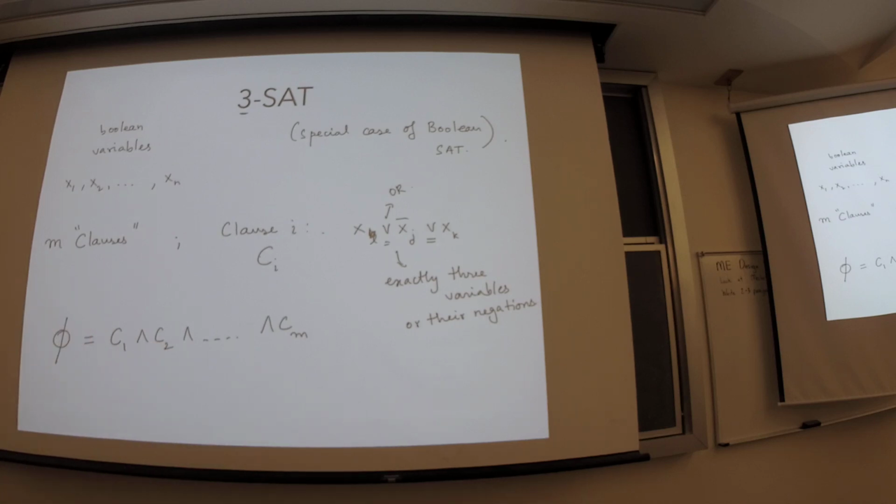And this corresponds to a very simple circuit, a 2-layer circuit. You have one gate for each of these clauses, C1 to CM, and each of these gates gets 3 inputs, probably with some negations. And your final thing is just this giant AND gate. So this is a special circuit.